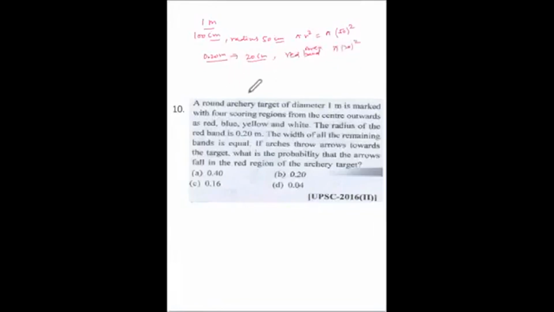So favorable is 20 square pi upon the total, this is favorable area and this is the total area. Definition of probability, it comes 400 upon 2500. So 4 upon 25 is 0.16. So this is C. Answer is C.